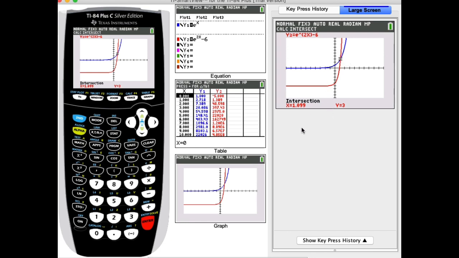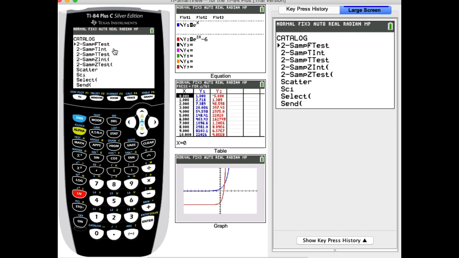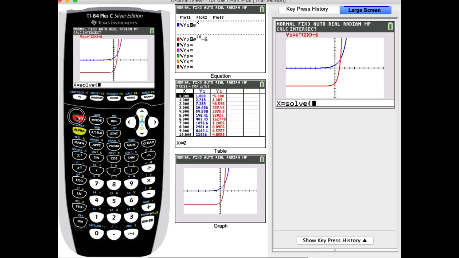Now there is another way to solve this system of equations without graphing. For that, what do we need to do? We need to press second and go to catalog, and then alpha ln, so all the commands with the letter S will appear on screen, and scroll down to solve.